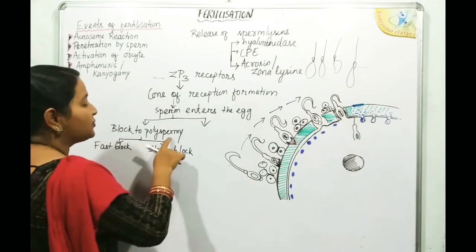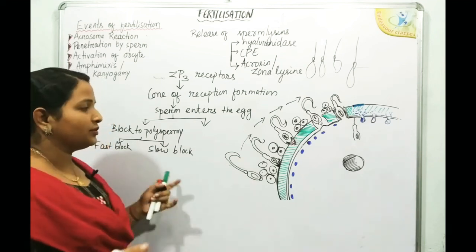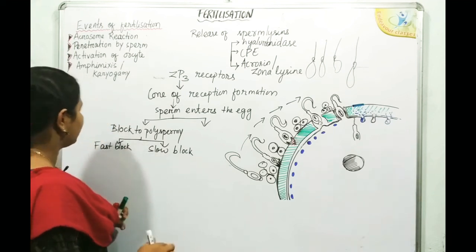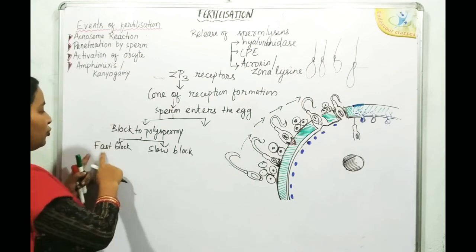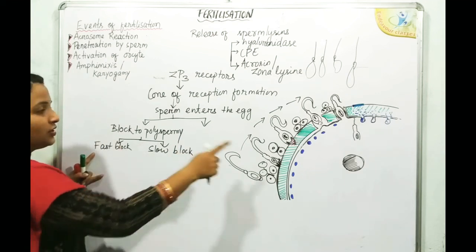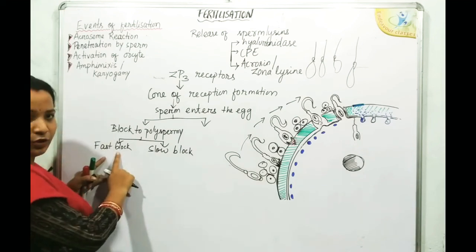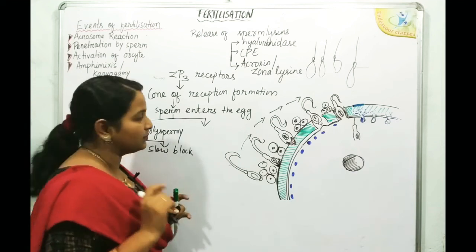Understood. Polyspermy is entrance of more than one sperm, which will disturb the chromosome number of the zygote, resulting in a polyploid condition. So there will be a blockage mechanism: one acts suddenly after entrance of the first sperm, the fast block, and after that there is the slow block.